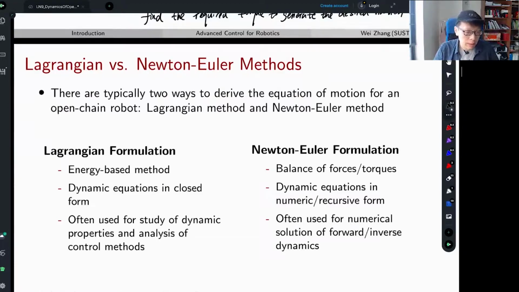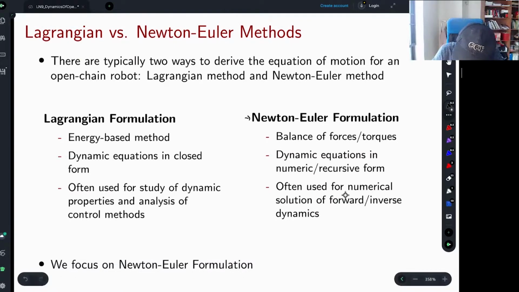Roughly speaking, each has drawbacks and advantages, but most numerical software uses a Newton-Euler recursive type of formulation, with different variations, often for numerical solutions.